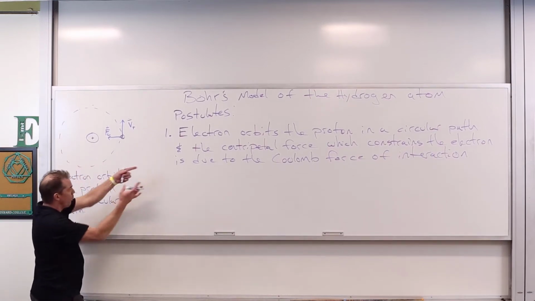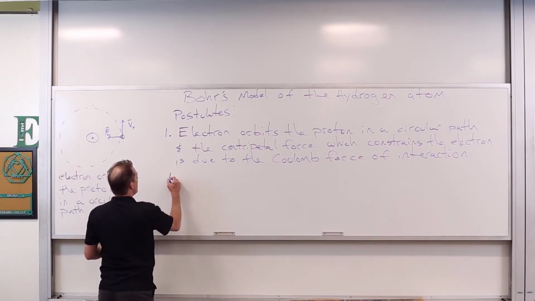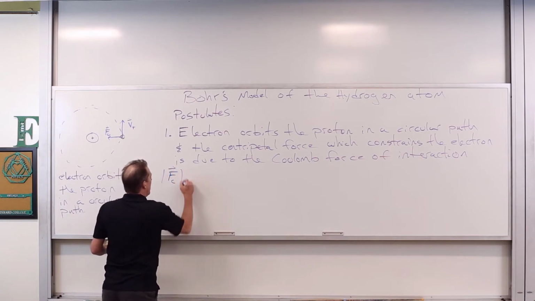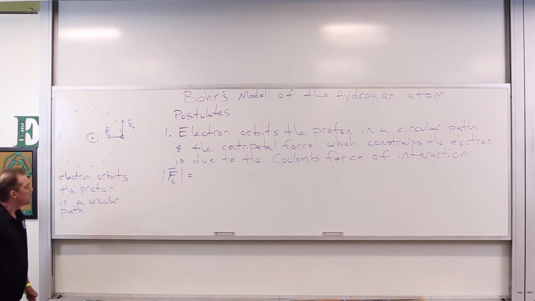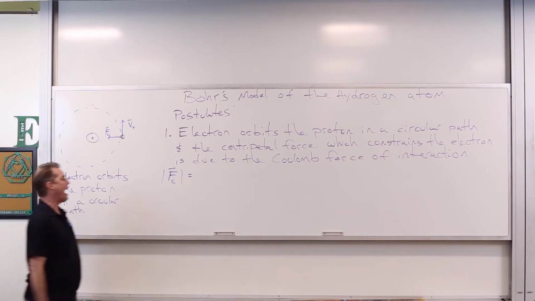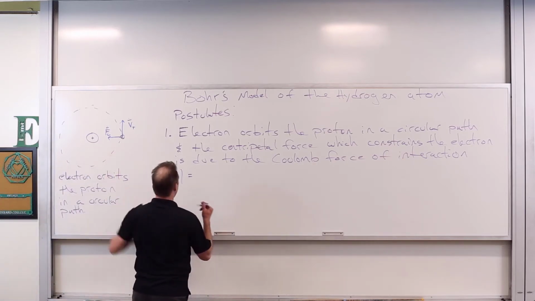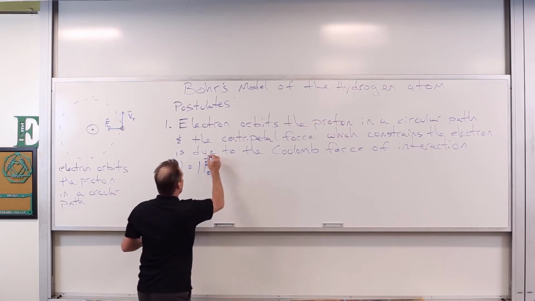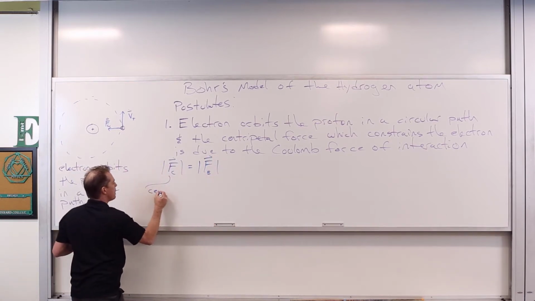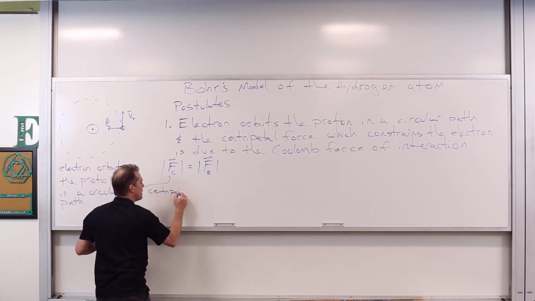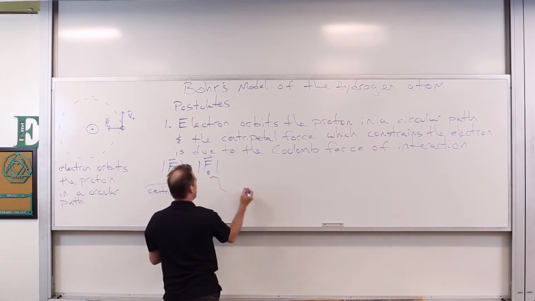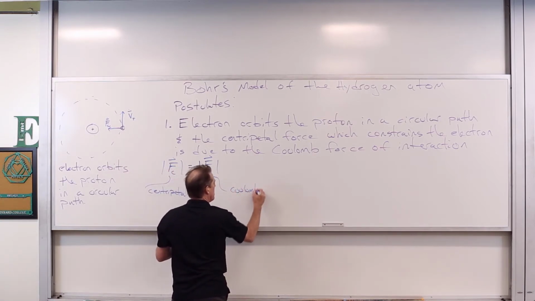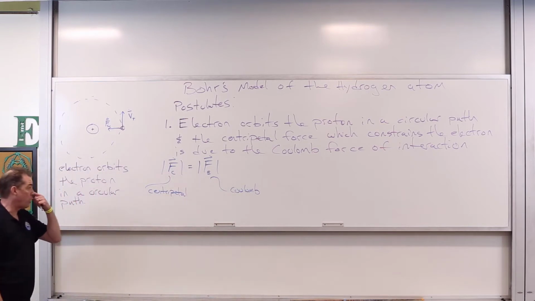And Bohr said that centripetal force has to be equivalent to the Coulomb force of interaction between the proton and the electron. So the magnitude of the centripetal force had to be equal to the magnitude of the Coulomb force.